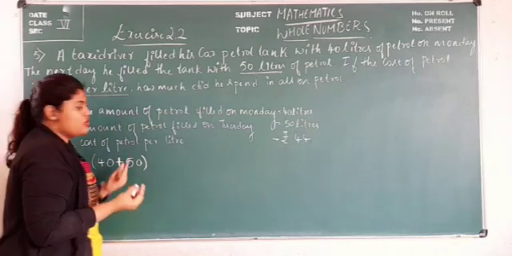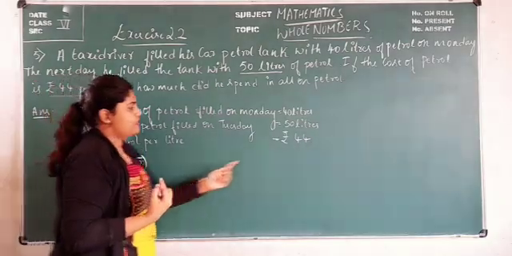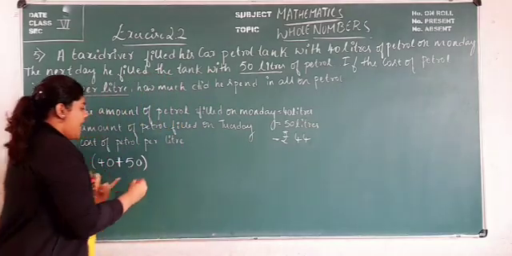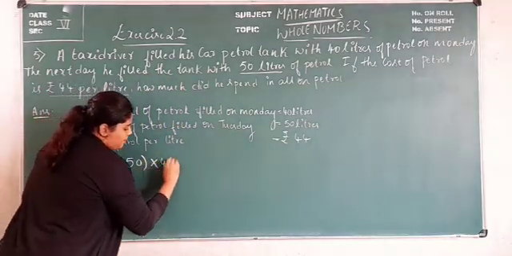Then we know the cost of petrol per liter, that is 44. So I will multiply this by 44.